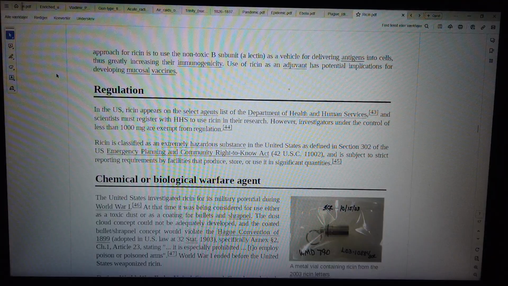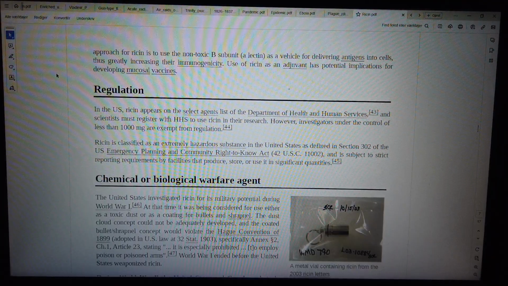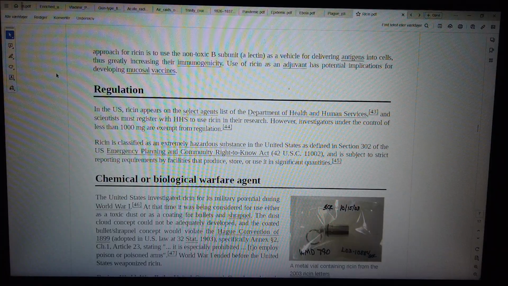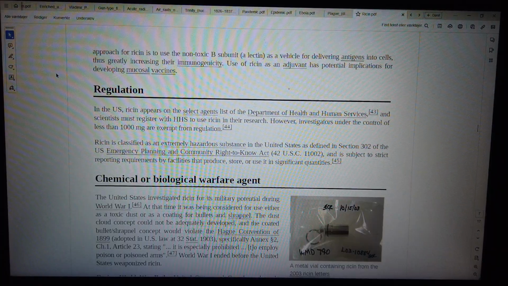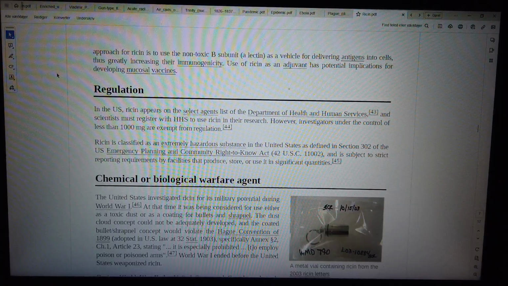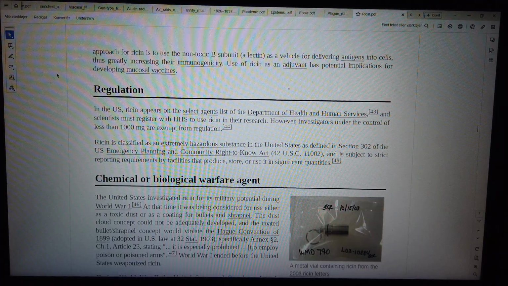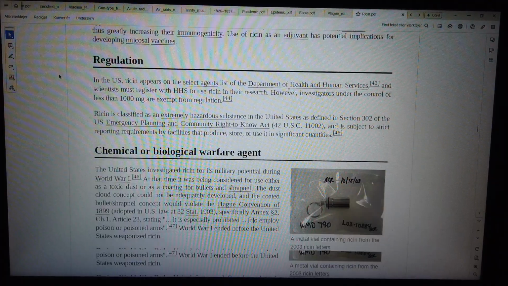Regulation. In the US, ricin appears on the Select Agents list of the Department of Health and Human Services, and scientists must register with HHS to use ricin in their research. However, investigators in possession of less than 1,000 mg are exempt from regulation.